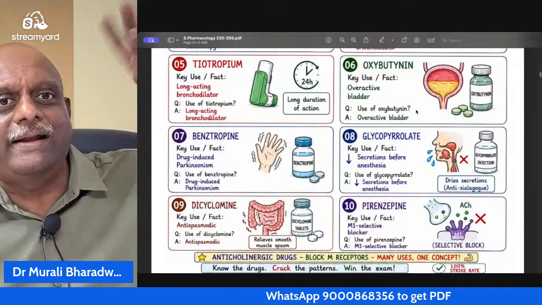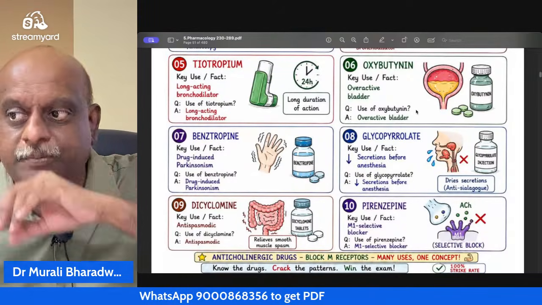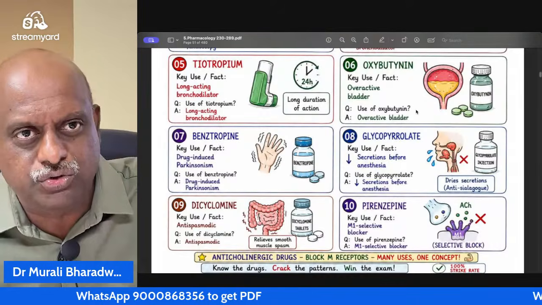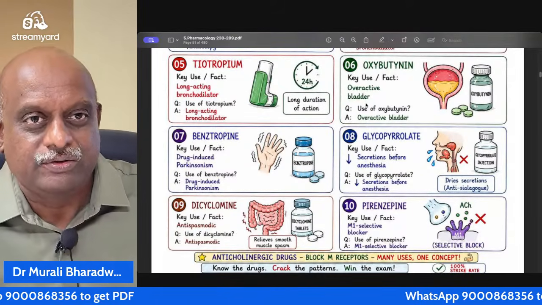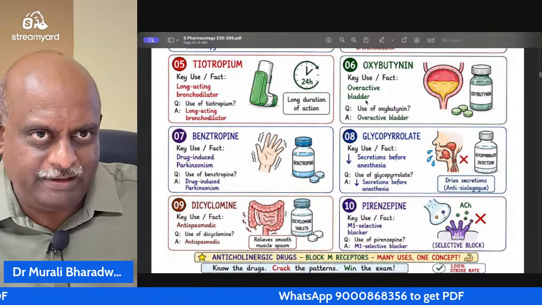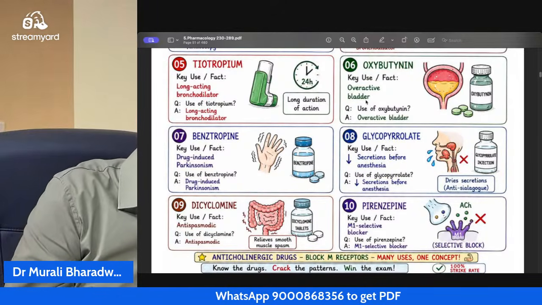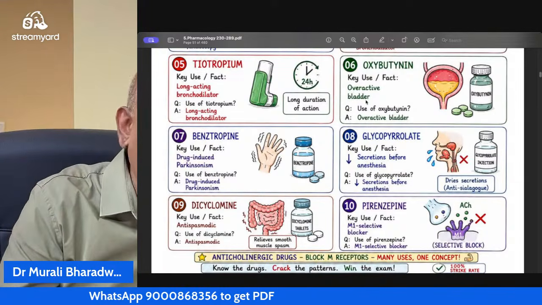rigidity, akinesia, tremor. In that, the tremor which is there is purely due to excessive cholinergic activity. Your dopamine is there. We give dopamine, but that helps more in akinesia, rigidity, not in tremor. Tremor is more often treated with anticholinergic.